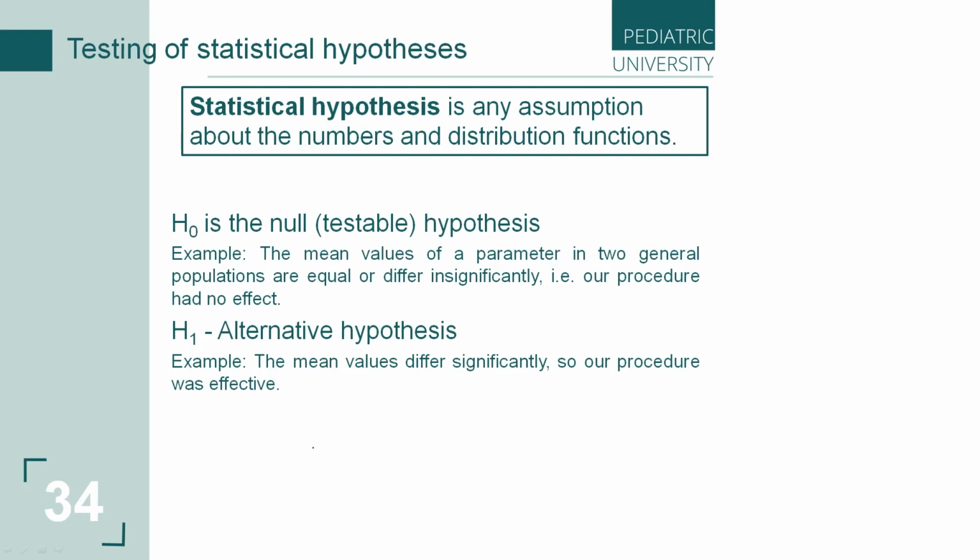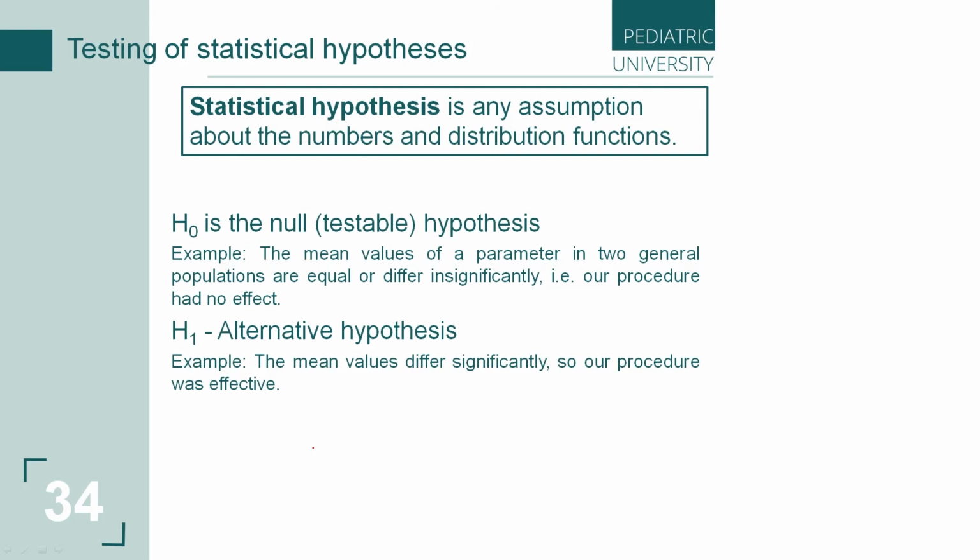In statistics, a statistical hypothesis is any assumption about numerical values and distribution functions. It sounds scary, but it really isn't. The hypothesis we are testing is called the null hypothesis. For example, the mean values of the parameter in two general populations are equal or differ insignificantly.